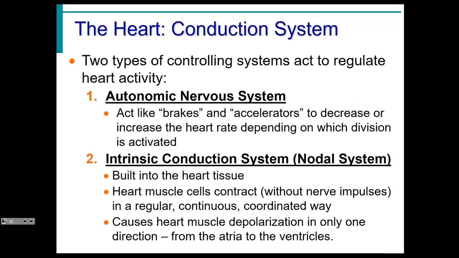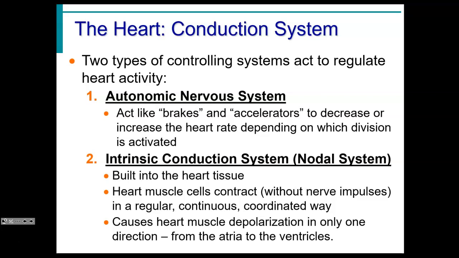Okay, so conduction system. We talked about this last chapter with the nervous system. We talked about how there's an autonomic nervous system. What is autonomic? Automatic. You want your heart to be controlled by your autonomic nervous system.